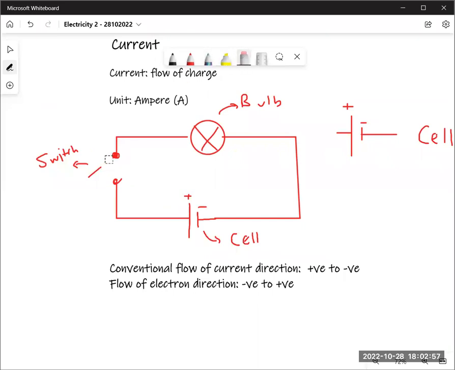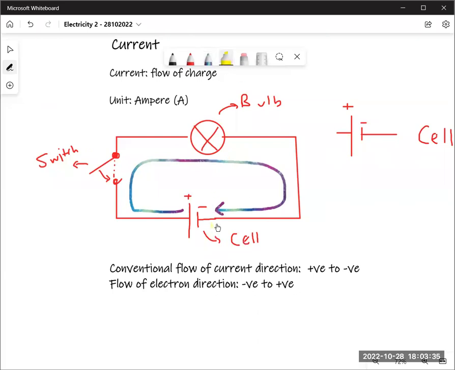If I close the switch, let's close the switch now. The switch is closed. First it was off. If I don't connect it, the circuit is incomplete. For the bulb to turn on, I must close the switch like this. If I close the switch, the current will start flowing from positive to negative, like this.